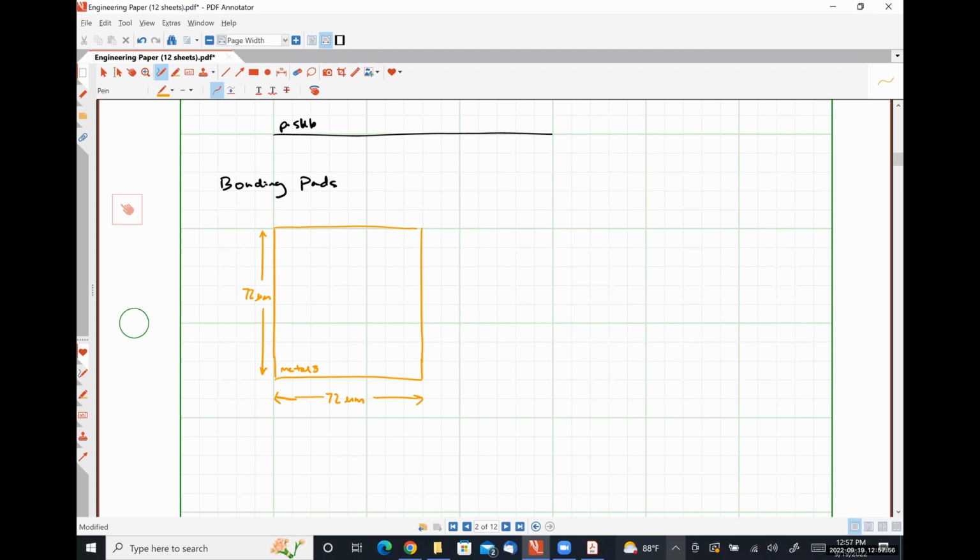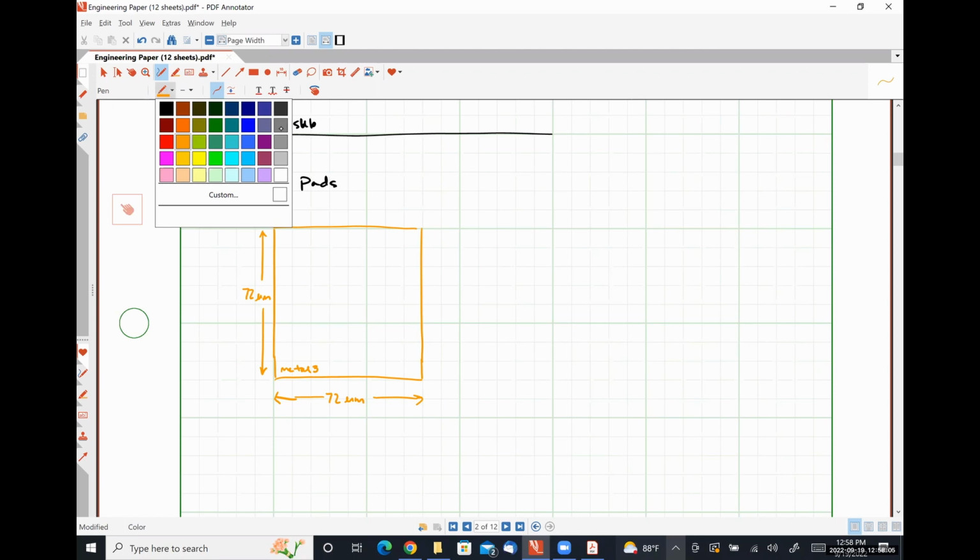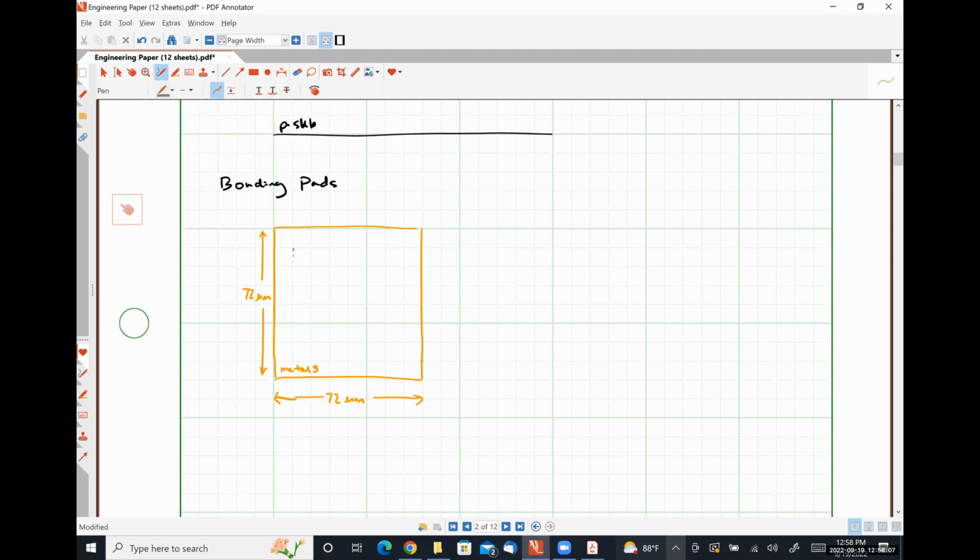Now, typically speaking, we also have what's called a passivation or overglass layer directly on top of it, okay? And so I'm going to do that in gray here. I'm going to call this overglass.